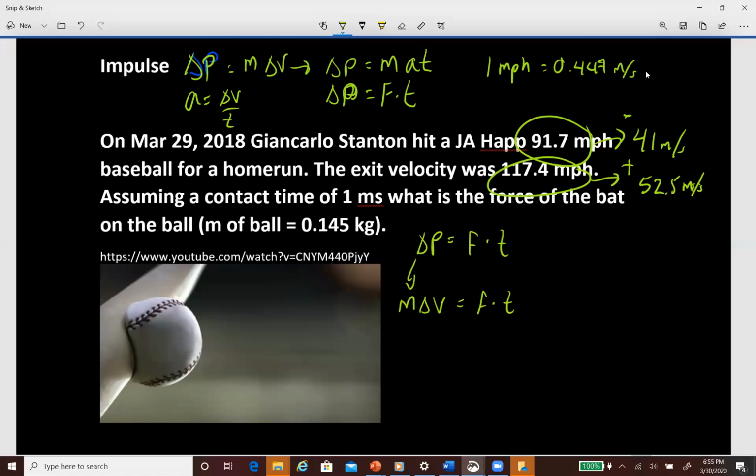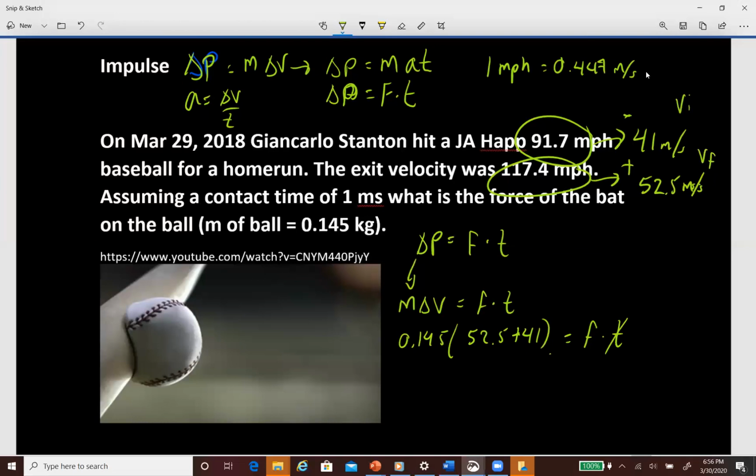There's your impulse. The mass of the ball is 0.145 kilograms. The change in velocity is the final velocity minus the initial velocity, so 52.5 minus negative 41, which makes positive 41, is equal to F times t.